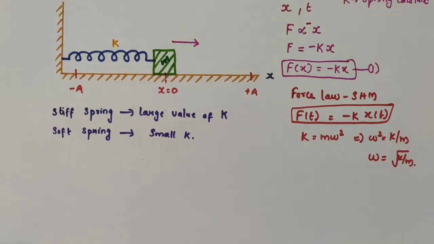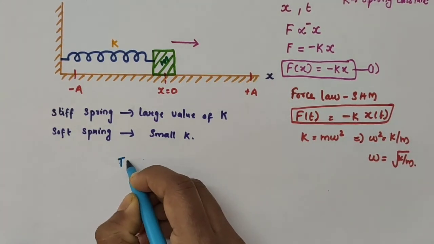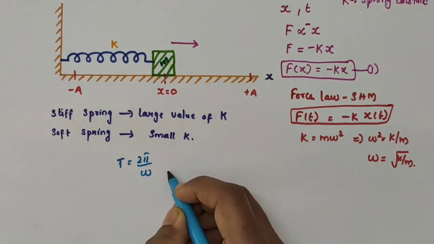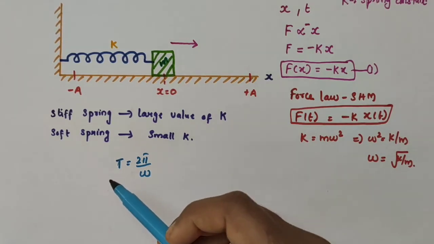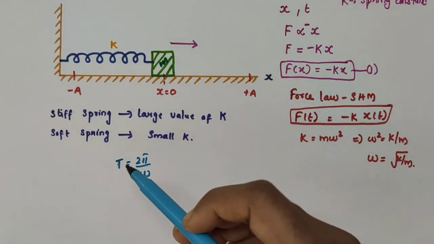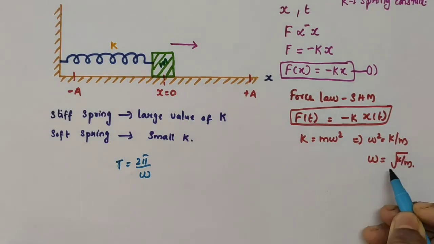Now, what will be the time period of this oscillator? We know that T is equal to 2 pi by omega. While we discussed simple harmonic motion in our previous video, we got this expression. I hope you remember this. Otherwise, I will provide the link in the description box. So here we can take omega as square root of k by m.